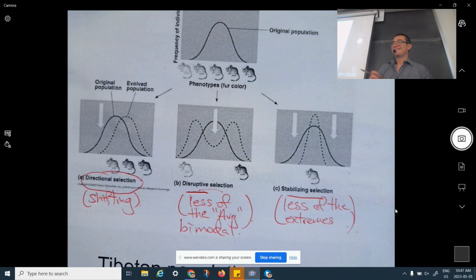Did I misspell it? No, but could you explain what that means? Basically, the normal distribution curve is like you have most of the population around the average and less of the extreme. Bimodal is like you don't really have the middle ground. You have a lot of both extreme ends. Think of a test.